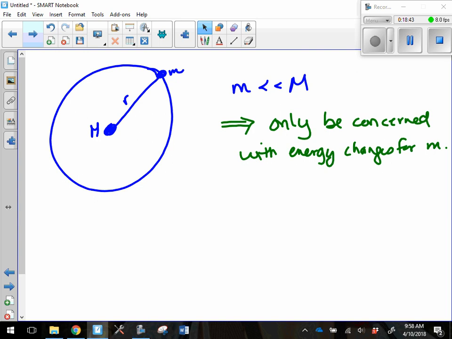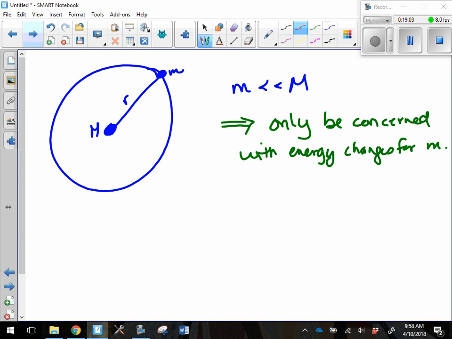Because it's so massive, whatever change there's going to be in its gravitational potential energy would cause a very small velocity change. Okay.